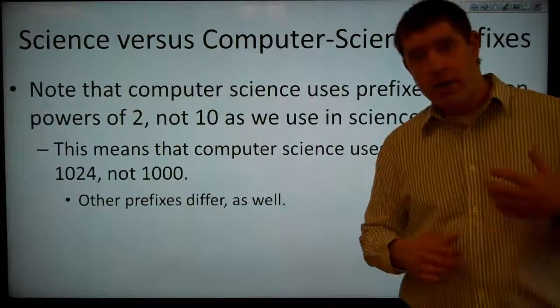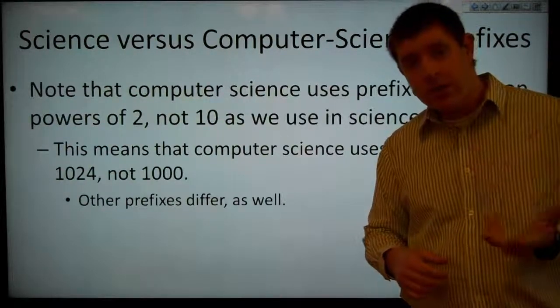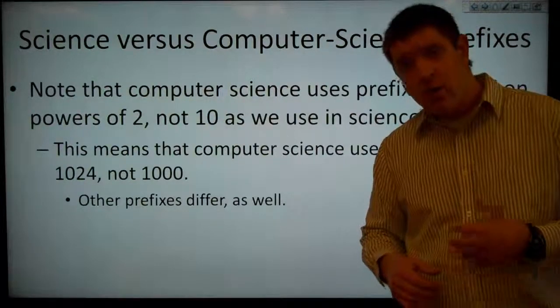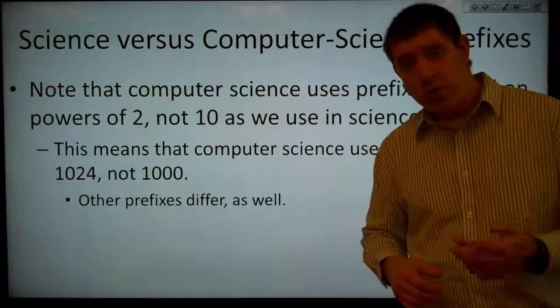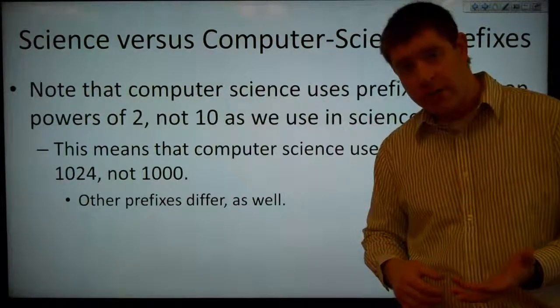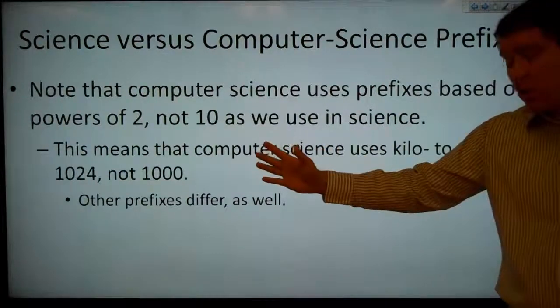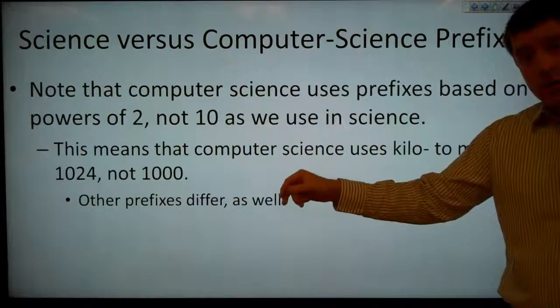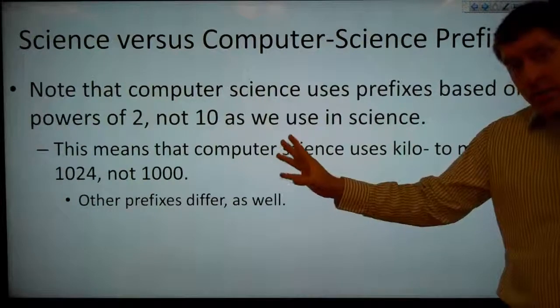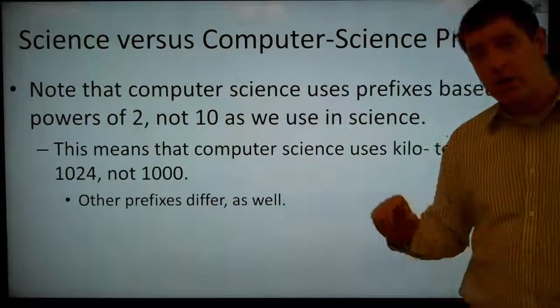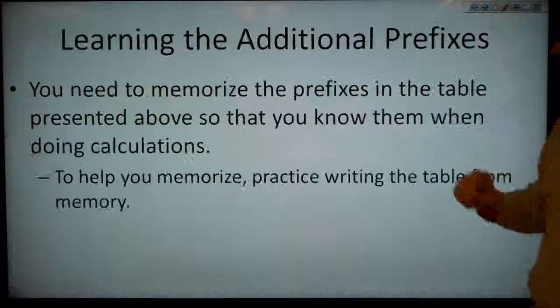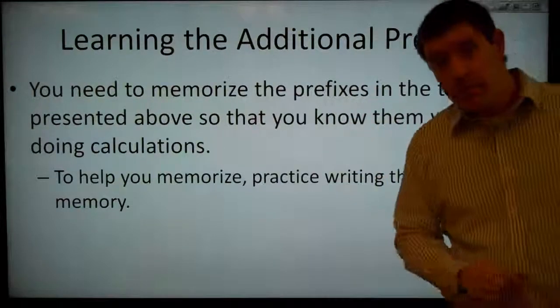So if we have 1 gigabyte, that's 1024 megabytes. 1 megabyte is 1024 kilobytes. 1 kilobyte is 1024 bytes. If you've memorized how to convert the computer science prefixes, you're going to have to use a slightly different definition here for the science ones, or you'll be off by 2.4%.